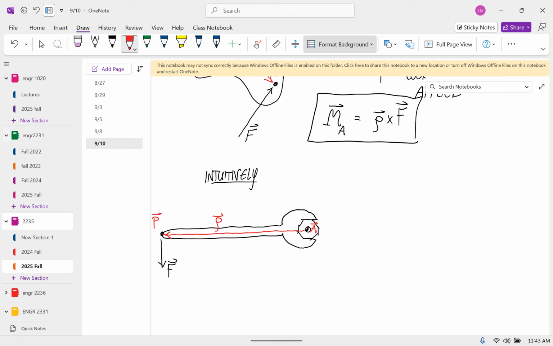Okay, remember that for cross products, the absolute value of the cross product is biggest when the two vectors are perpendicular to each other. Okay. So this is the biggest, that's the optimal direction for applying that force to turn this body. To make it bigger, you get a longer wrench, or what was the other one? Apply a bigger force, bigger magnitude of force.